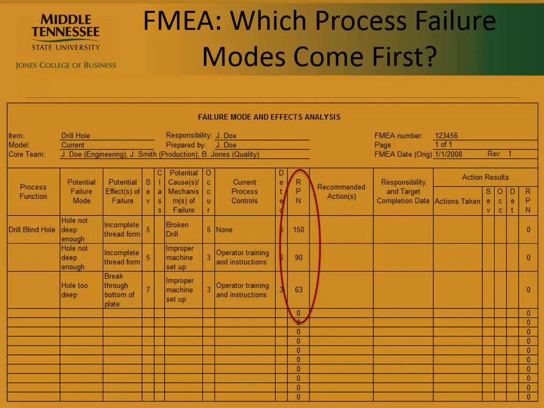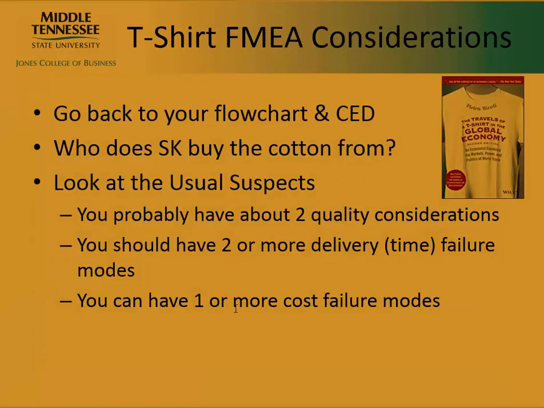So finally, some considerations on the t-shirt FMEA. Go back to your flow chart and cause and effect diagram, which might give you some ideas of where the failures could occur and maybe what type. Just a hint. I didn't count off, I don't believe, on anyone for not including this, but who does Shanghai Knitwear buy the cotton from?